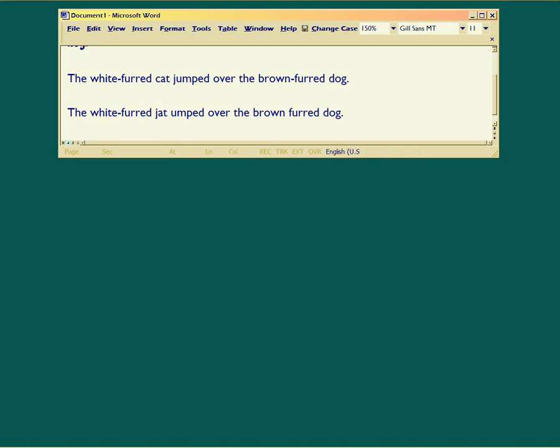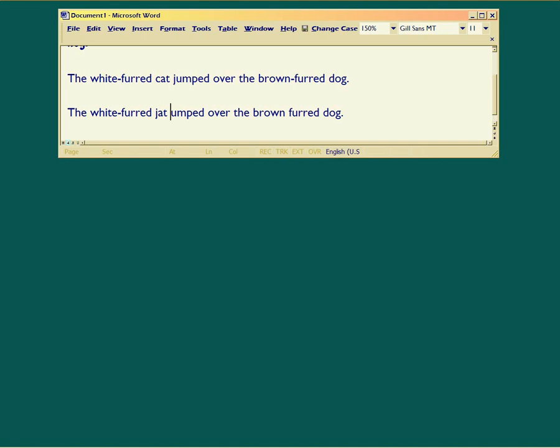All right, but notice how the sentence still has the same meaning. You just know that, oh, poor guy, the J really belongs over here, because you can tell that this means cat anyway. This is white furred, and this is brown furred, this is the dog, and of course you have context to work with. All right, so they know, okay, the J is just misplaced, so the J belongs over here.